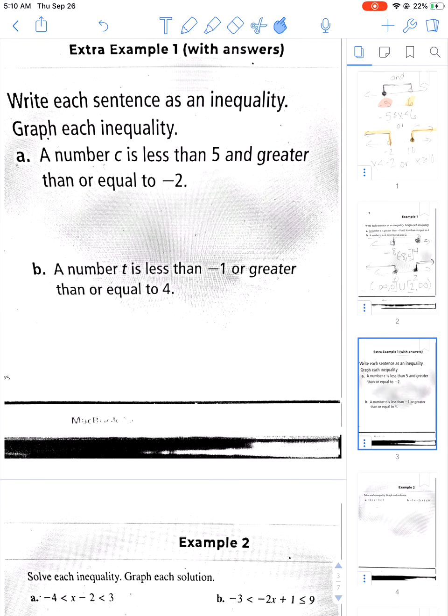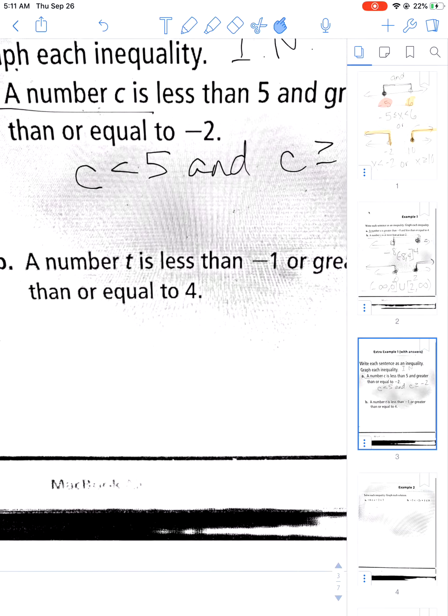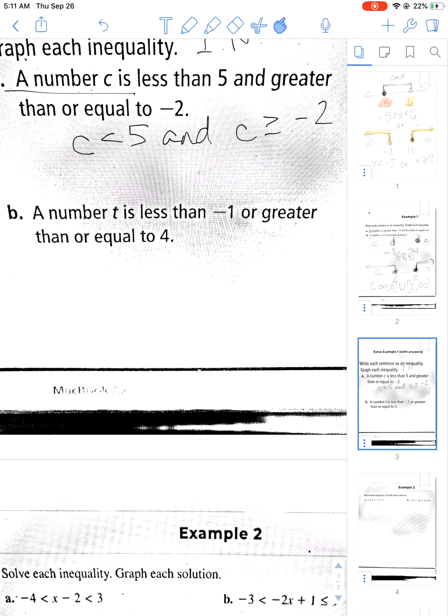All right, write each sentence as an inequality, graph it, and then write the interval notation. A number C is less than 5 and greater than or equal to negative 2. Well, this is an and, so I need to write it as one inequality.